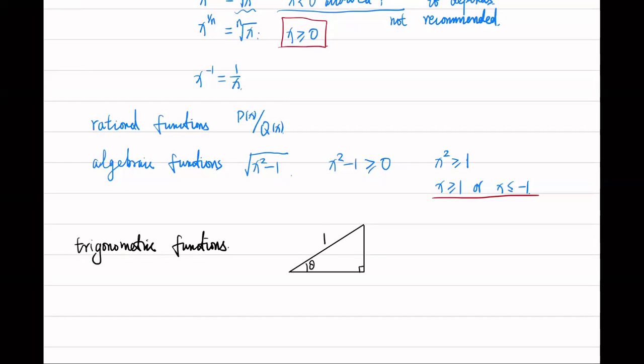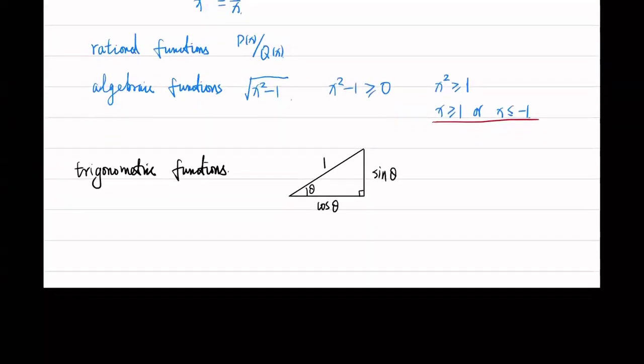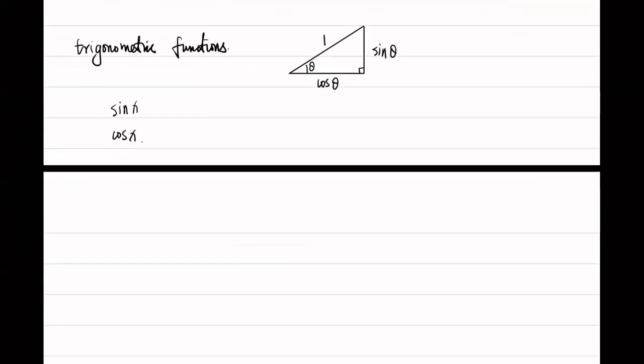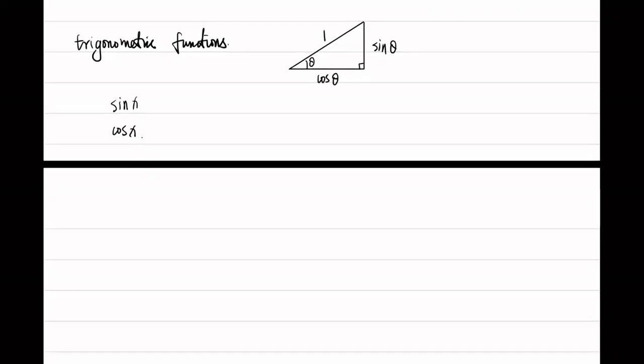If the side is 1, this leads us to the trig functions. So again, have you seen these two functions before? Sine and cosine. Okay, very nice. And there's a very important formula for these two functions, called the formula of angle addition.